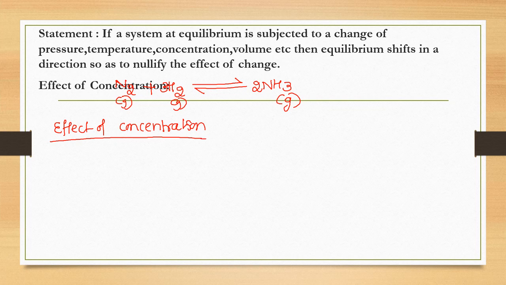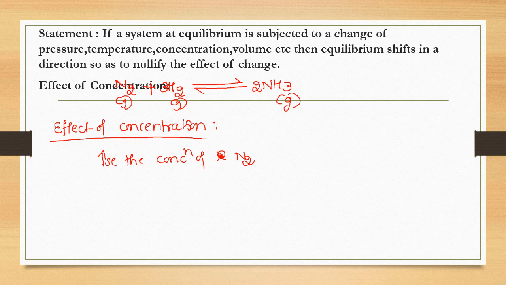Okay, now suppose let us increase the concentration of the reactants, or especially I'll consider, let us increase the concentration of nitrogen. So you're increasing the concentration of nitrogen, which in this reaction acts as a reactant.